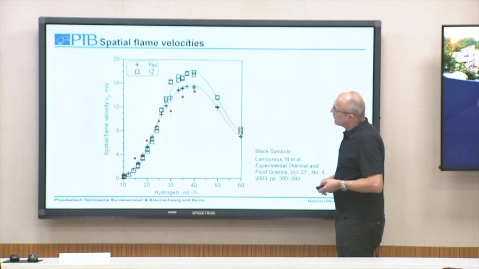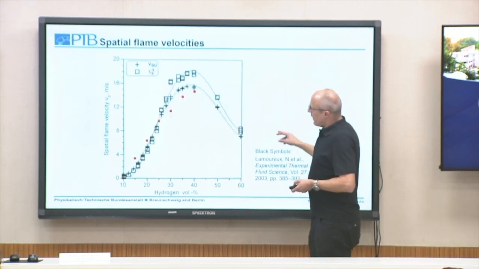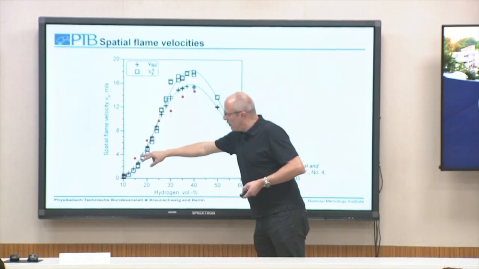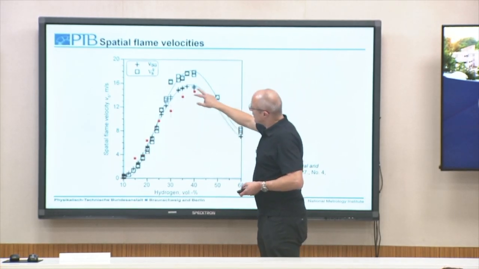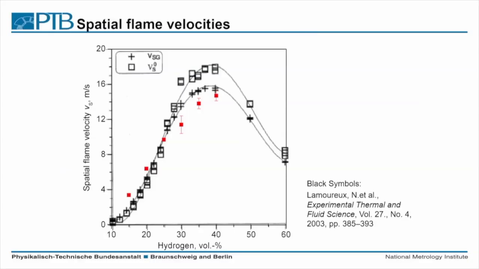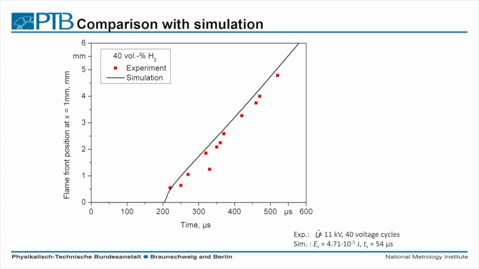And we compared first of all our global flame velocities. The spatial velocity we yield with this setup is quite sufficient when we compare it with experimental work or with other work from literature.